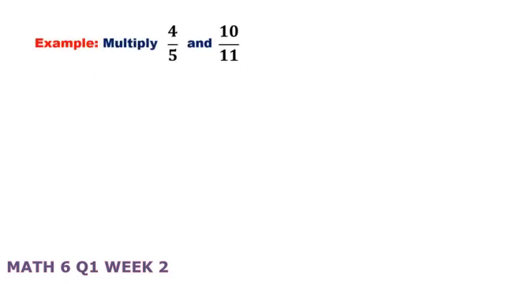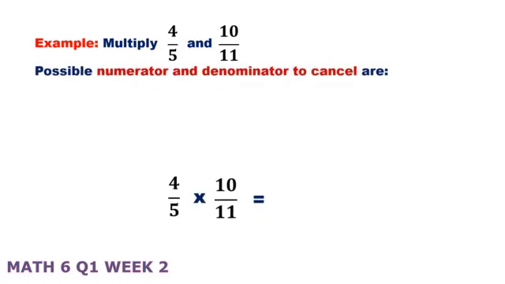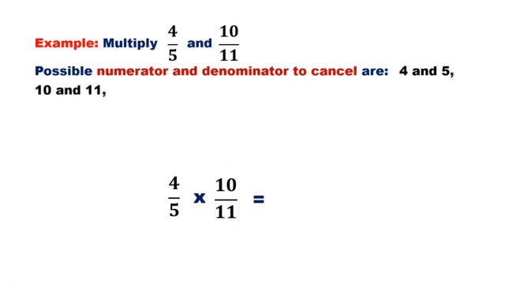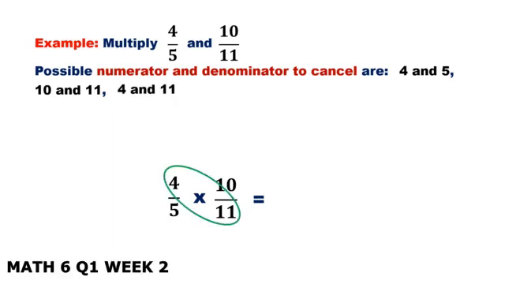Example, multiply 4/5 and 10/11. Possible numerator and denominator to cancel are 4 and 5, 10 and 11, 4 and 11, or 5 and 10.